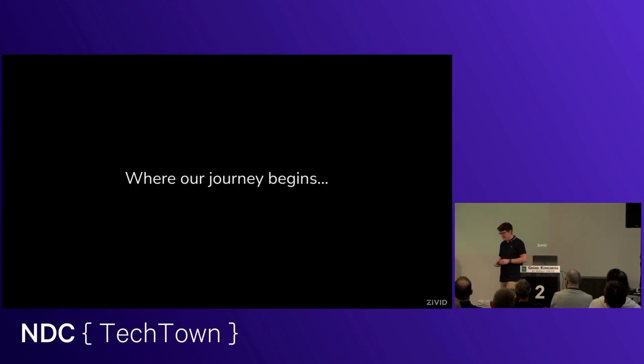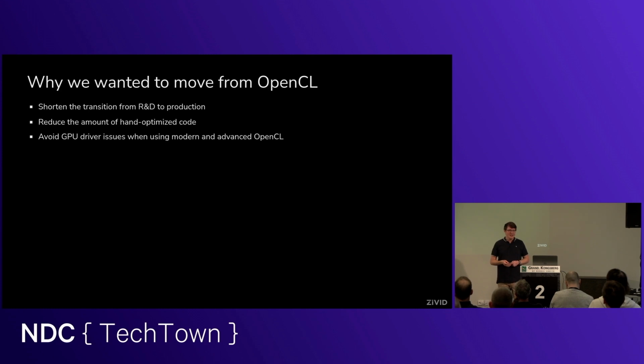So I said in the description of this talk that we would talk about the journey that we had. So not just about what we're doing, but also about how we switched from the OpenCL framework to Halide. So first of all, I want to say something about why we wanted to move away from OpenCL.